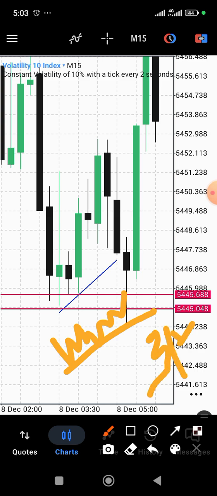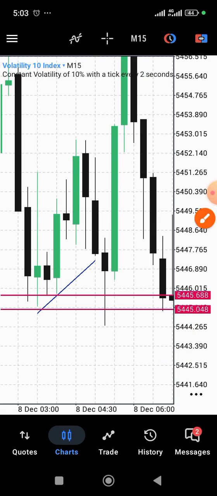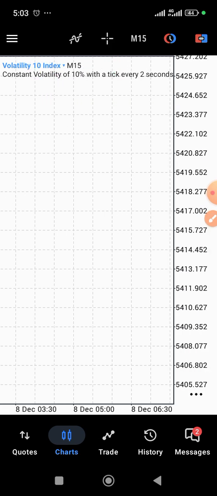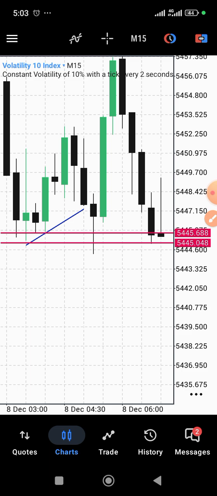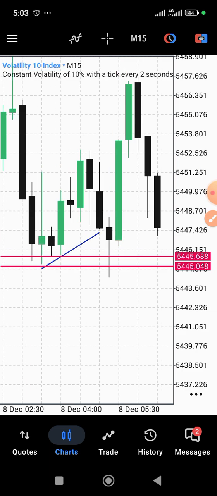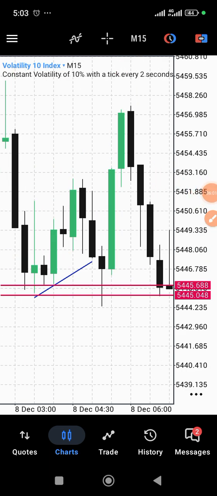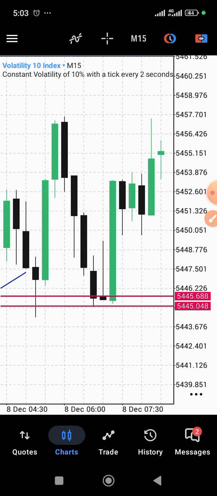I mostly trade buy, so I probably consider more the higher lows. So if I'm looking for liquidity, that's what I'm always looking for, the higher lows kind of liquidity that are closely packed. And that's what you should do also. So now you understand what liquidity is and how to identify liquidity on the chart.